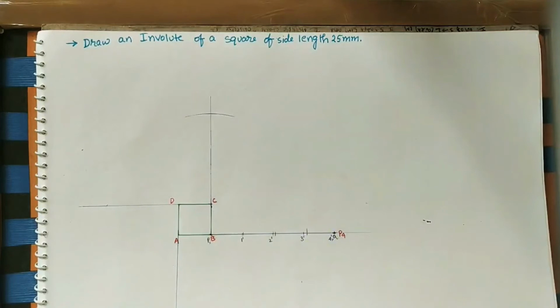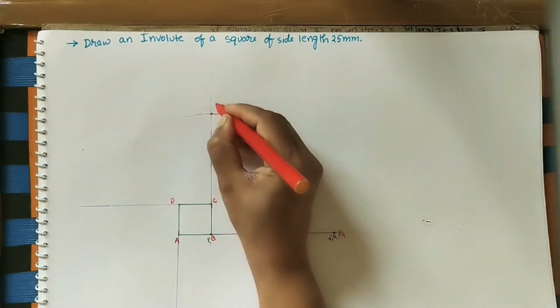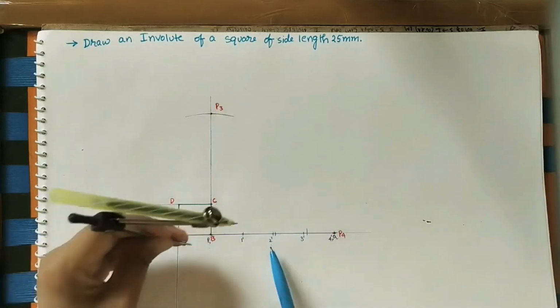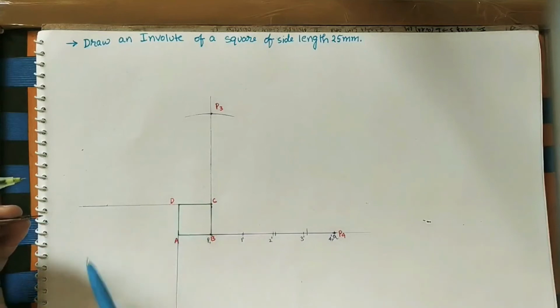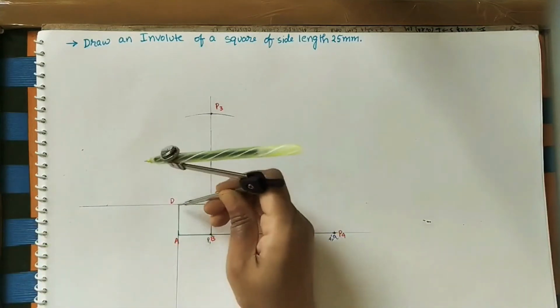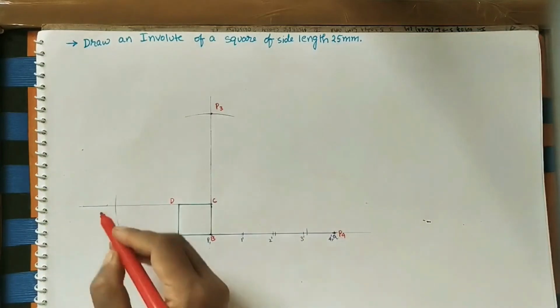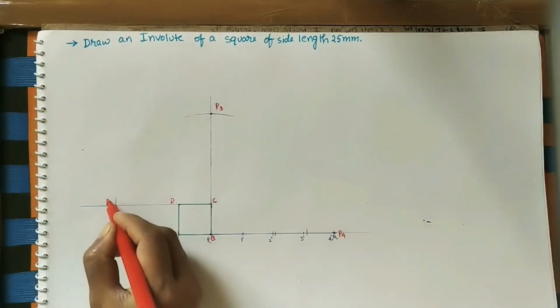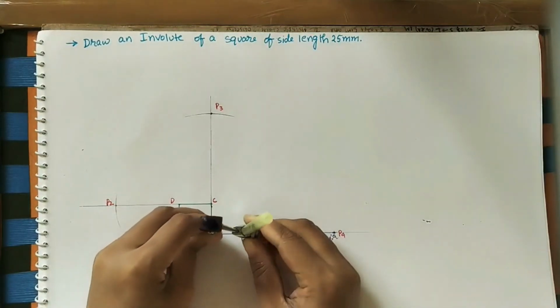P2 to 2 dash is the radius and D is the center; we cut that point. Now P2 to 1 dash is the radius and A is the center. We cut the first side.